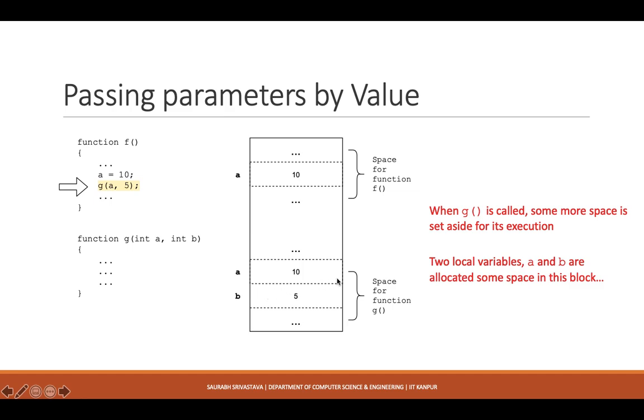What happens is that the value of a is copied to the a variable here, and the value 5, which is a constant, gets copied to b here. So these a and b are being initialized by the values 10 and 5.